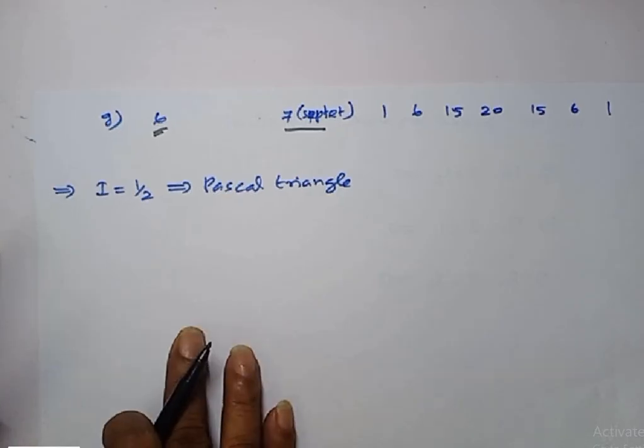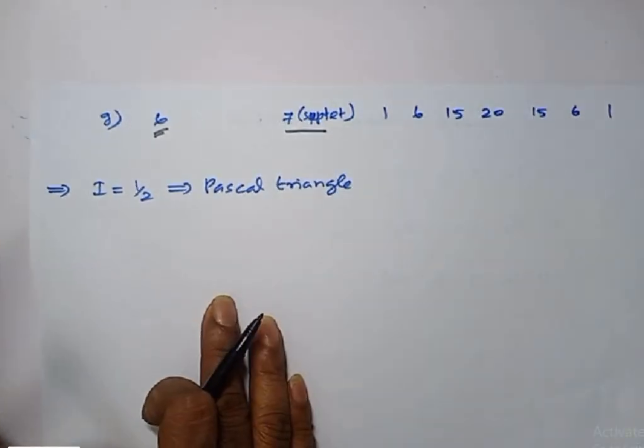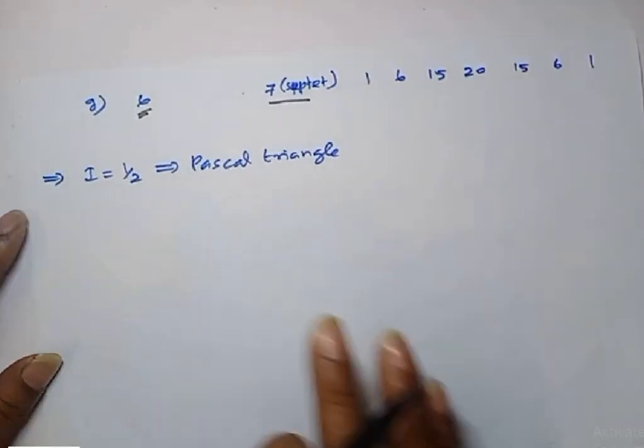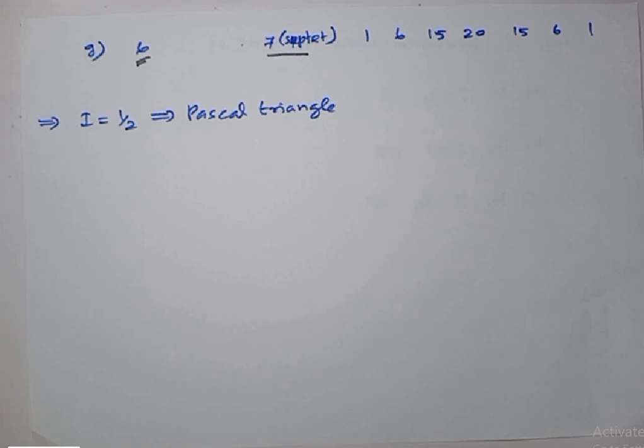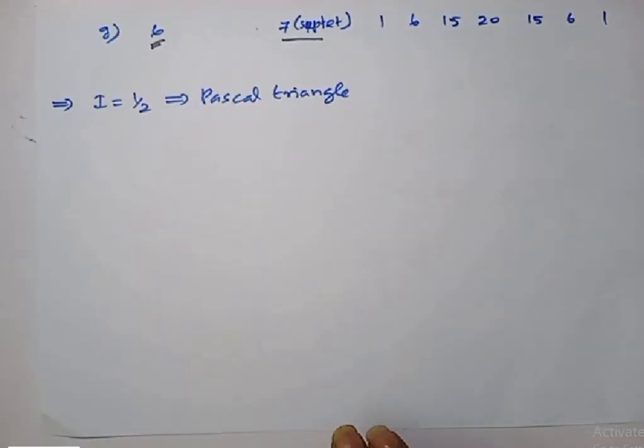Now to find this intensity ratio, we have a shortcut. We can use what is called the Pascal triangle, which is actually constructed using the binomial theorem. I'm not going to discuss the binomial theorem. Instead, I'm going to give you the Pascal triangle. Listen carefully, this is very, very important.